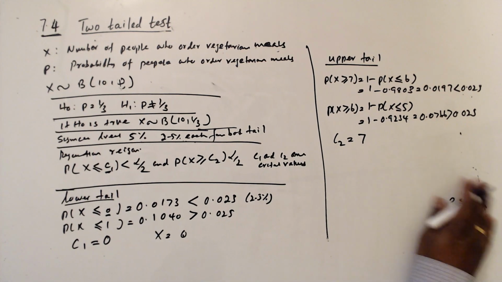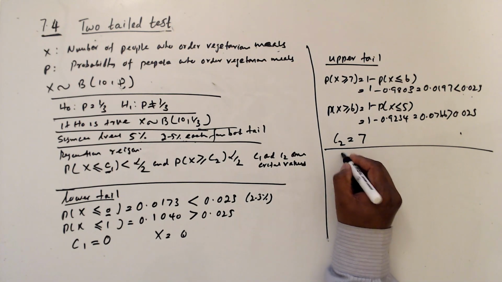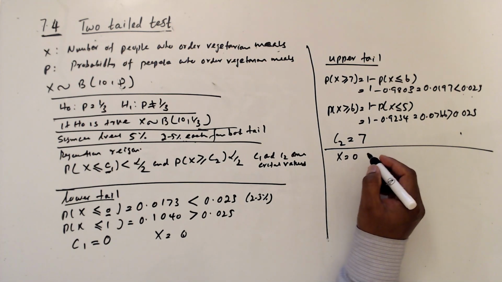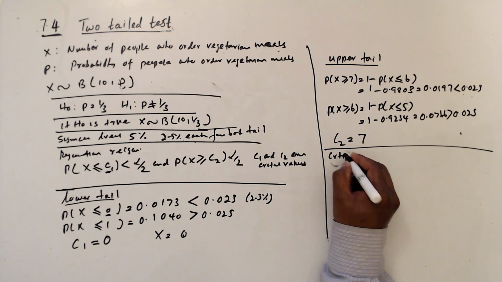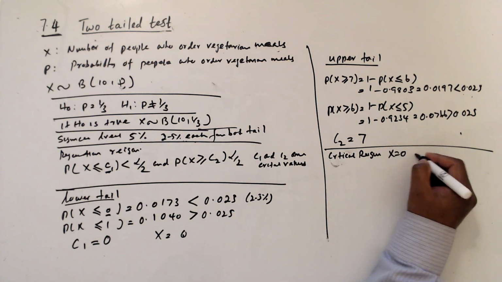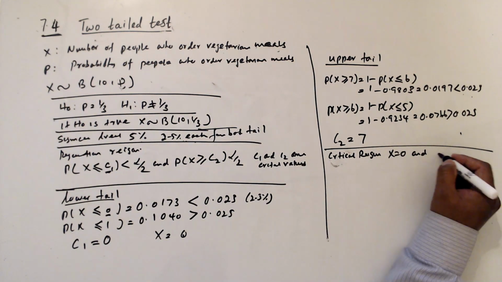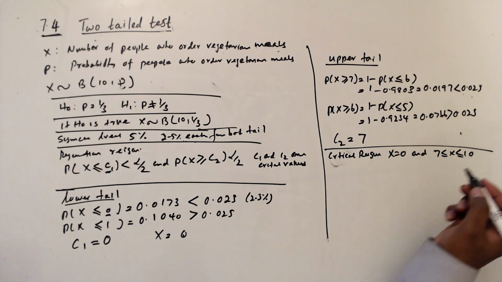Then the full critical region is going to be X equals 0, and 7 less than or equal to X less than or equal to 10.